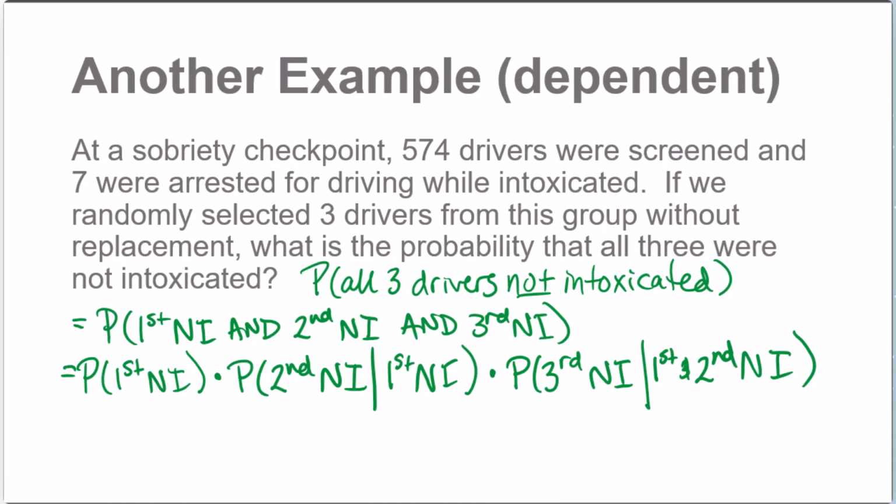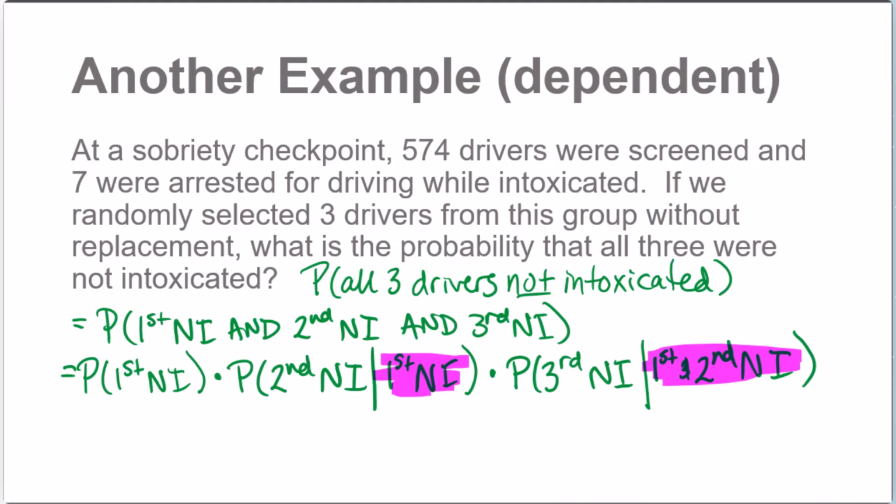It's a product of 3 probabilities where we kind of add the conditions of the initial events as we go down the list. So like the last example, I want to think about, do these conditions that the first person or the first 2 people were not intoxicated, does that make any difference to the next person being intoxicated or not?